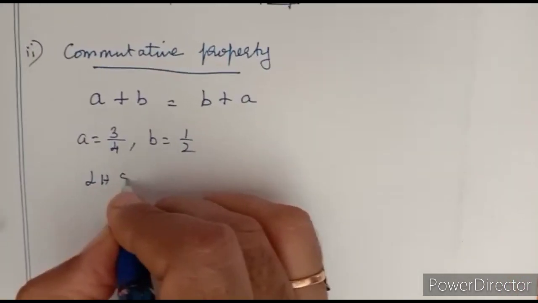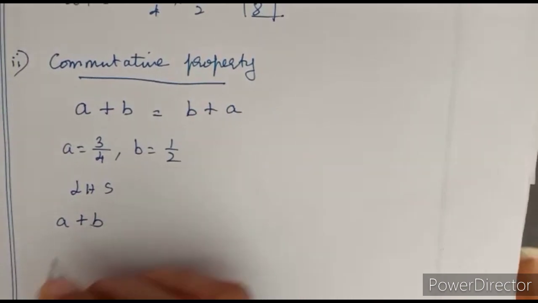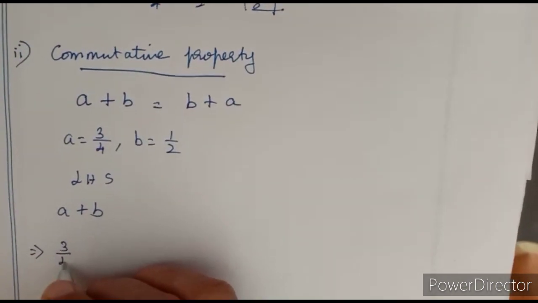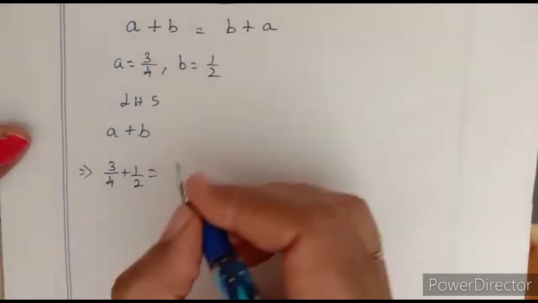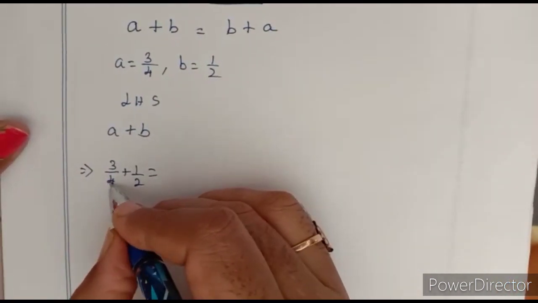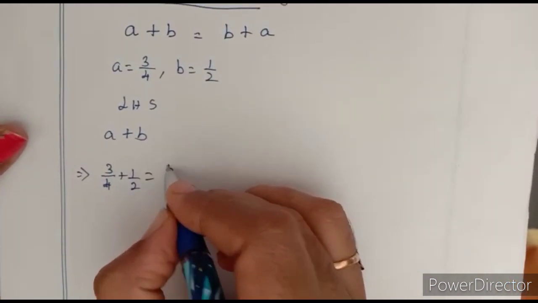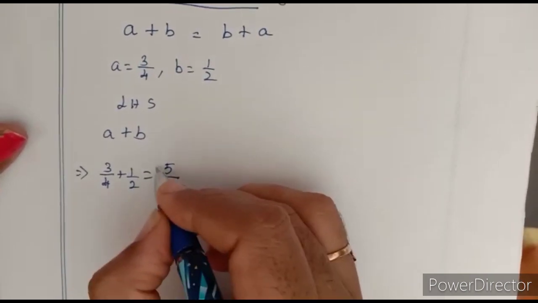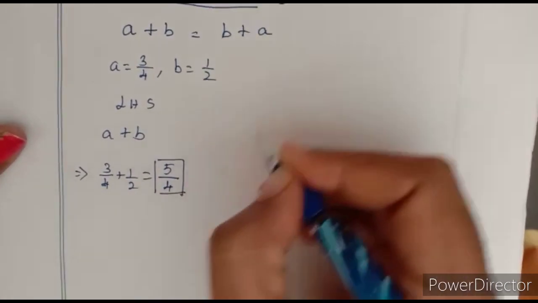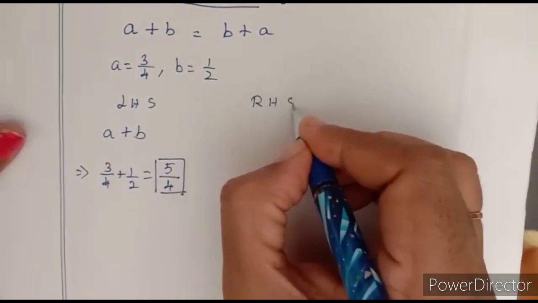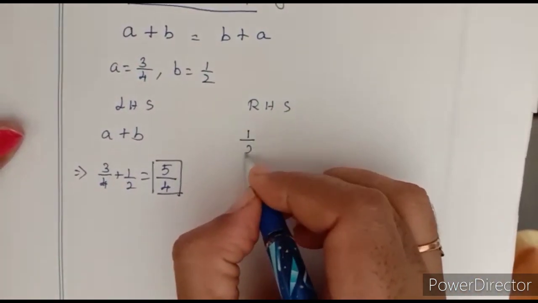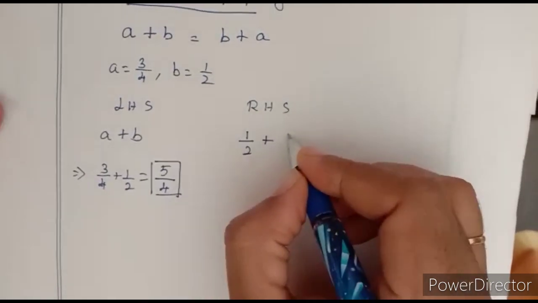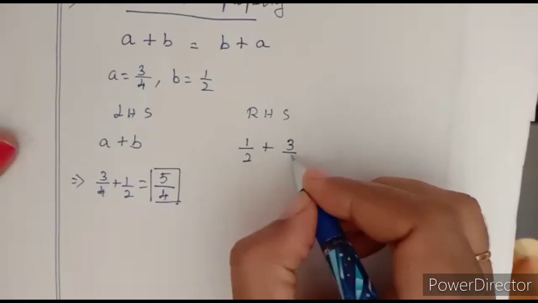Now your left hand side A plus B, which is equal to 3 by 4 plus 1 by 2. Already we found in the closure property 3 by 4 plus 1 by 2 is equal to 5 by 4. And your right hand side B plus A. B value is 1 by 2 plus A value is 3 by 4.